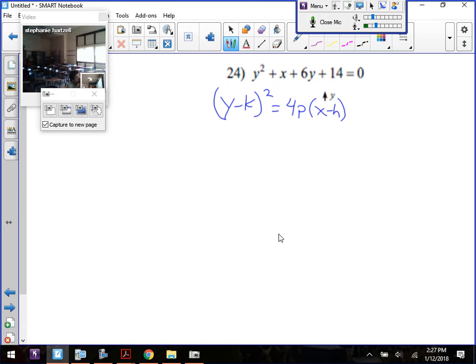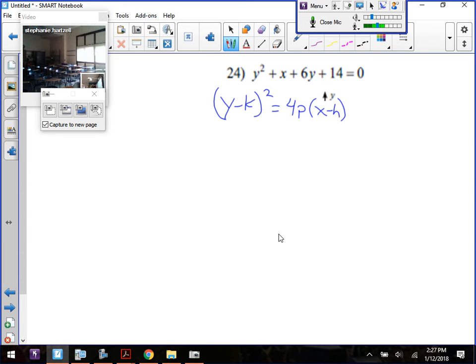Because only one of them is squared, and the one that's squared is y, so it has to be the y squared. And if I'm not mistaken, the y squared parabola either goes left or right. So what's going to determine what direction it's going to go is going to be the value of p. Okay? If p is negative, I'm going to open left. If p is positive, I'm going to open to the right.